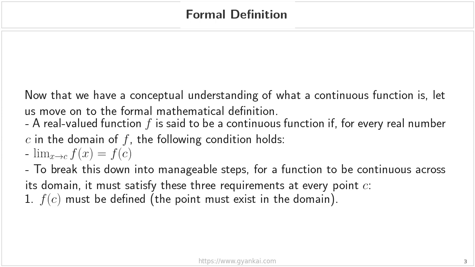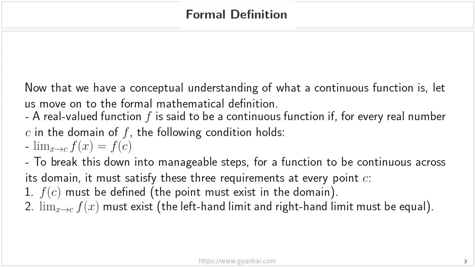First, f of c must be defined. This simply means that the point must actually exist within the domain of the function. We cannot have a gap or an undefined value at that spot. Second, the limit of f of x as x approaches c must exist. For this to be true, the left-hand limit and the right-hand limit must be equal, meaning the function must be heading toward the same value from both sides.